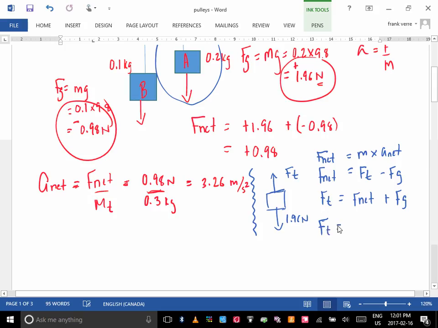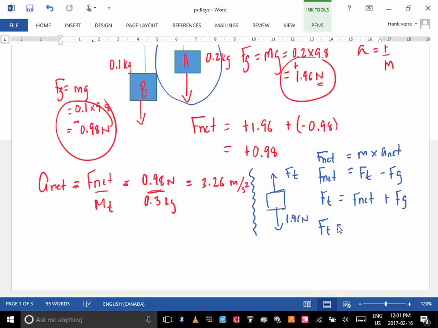By the way, intuitively speaking, tension has to be less than what value? 1.96, right? The tension has to be less than 1.96. Because if the tension was greater than 1.96, this mass would be moving which way? Up. So always try to visualize or have an idea of what your answer should be.